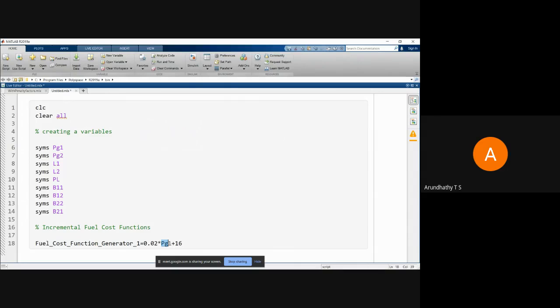Let me try, we will have time. I think I couldn't get you exactly, that's why I'm just continuing. My question is, before we had syms B11, syms B22. Now we have given the value for the fuel cost function generator 1 variable. Shouldn't we declare it first with syms before giving that value 0.02 into PG1?